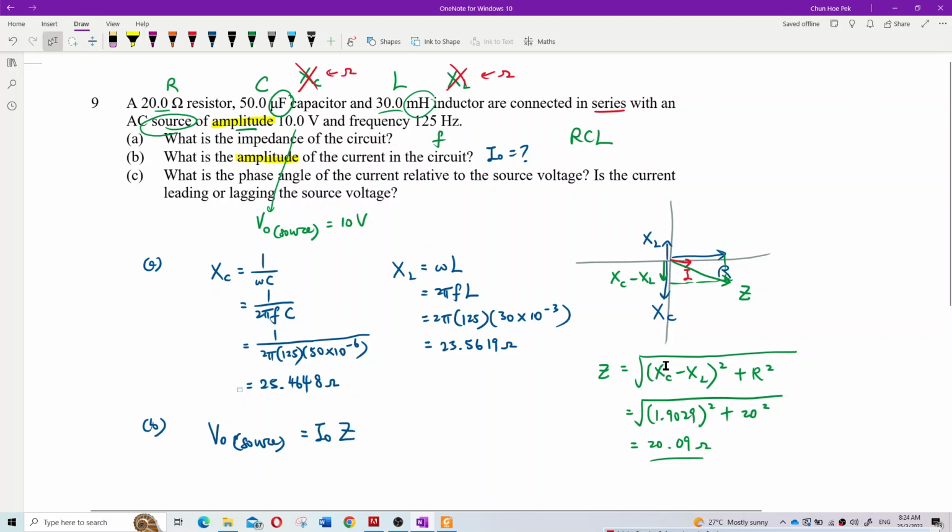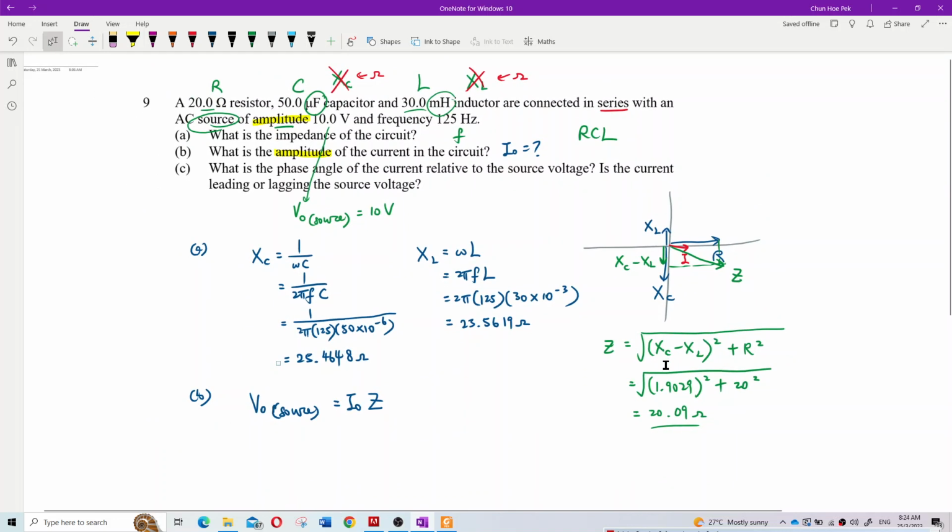So the peak voltage source is 10 volt, equal to the peak current I naught multiply Z, and Z is 20.09.